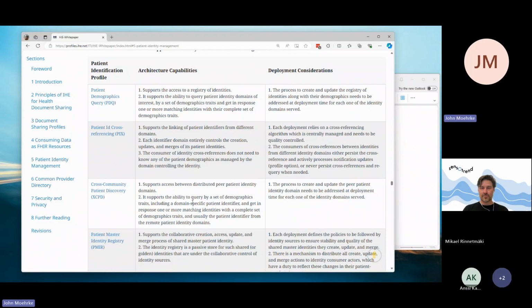But yeah, the idea of being able to do federation of FHIR queries is something that we are hearing there's interest in, but there's not a lot of interest coming forward.